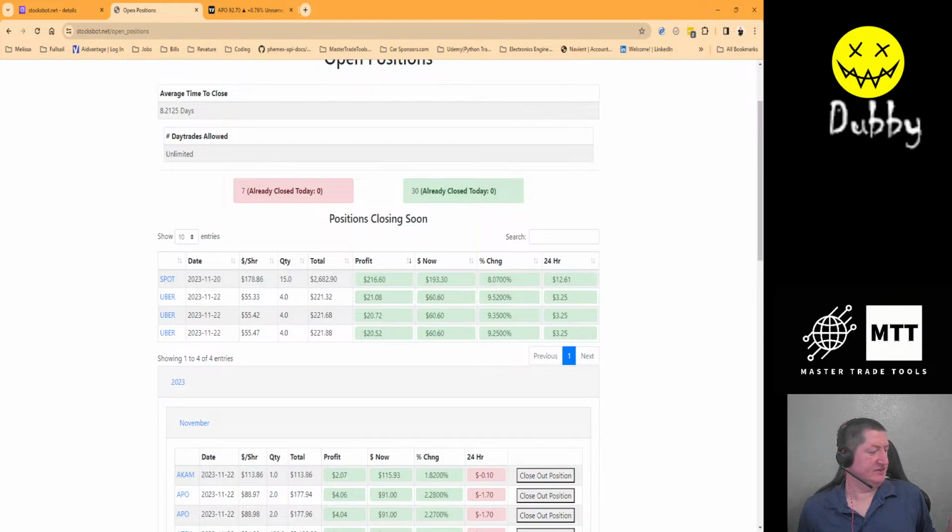How can you link it to your Robinhood account? Well, that is something that we could work on. We haven't currently gotten it to. We basically just have to design the back end.